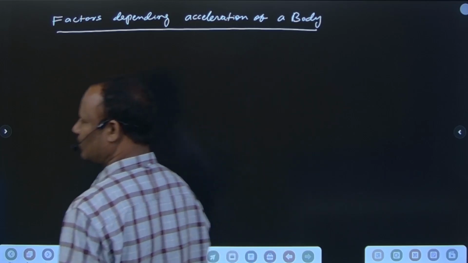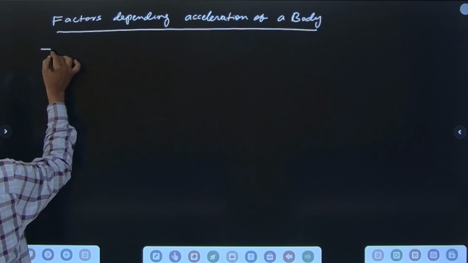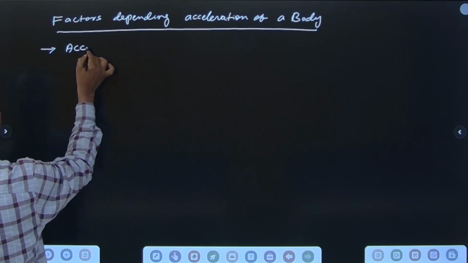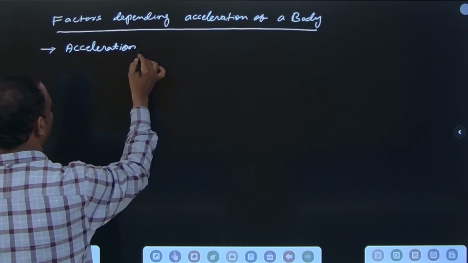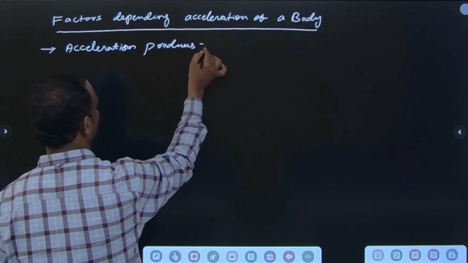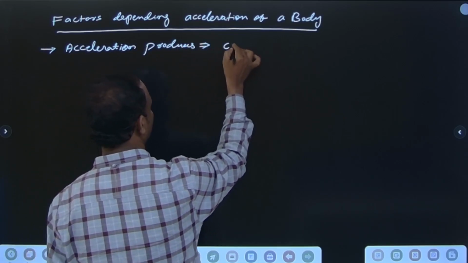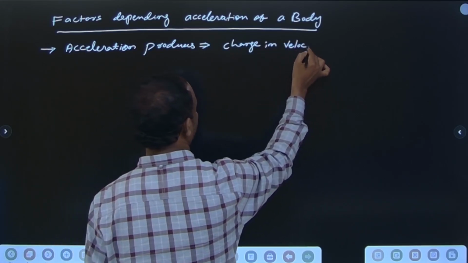Let us see what the factors mean. When the velocity of the body changes, the change in velocity is what produces acceleration.